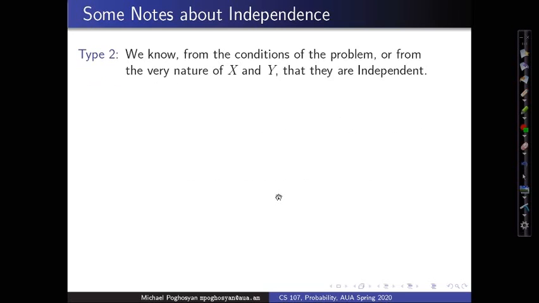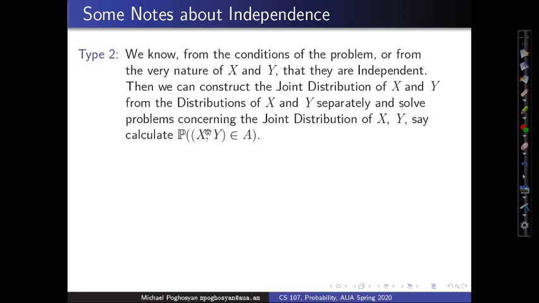Type 2 problems are of the following type. We know from the condition of the problem, from the very nature of x and y, that they are independent. And in that case, having that independence, we can construct the joint distribution of x and y from the individual distributions of x and y and solve problems concerning the joint distribution.